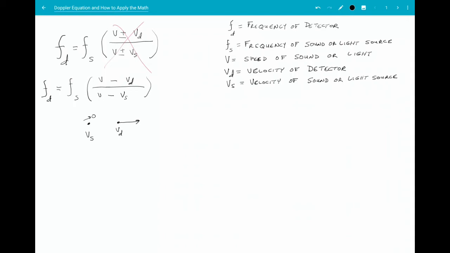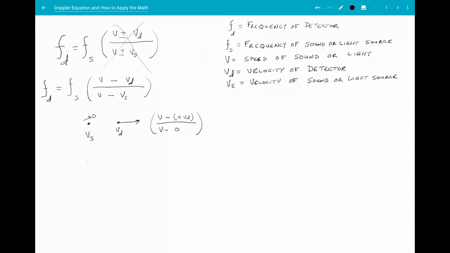In this case, I'll just set up the fraction: v minus a positive v sub d, over v minus zero. I put the parentheses on the outside. And that's your setup. Whatever v sub d is equal to, make it positive.